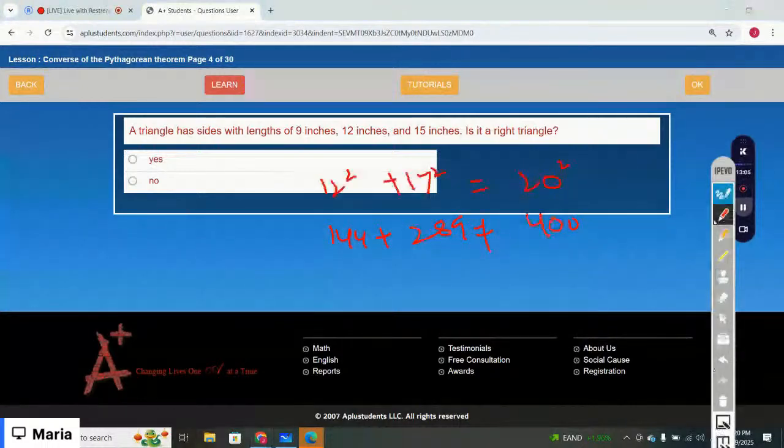A triangle has side lengths of 9 inches, 12 inches, and 15 inches. Is it a right triangle? So that is 9 square plus 12 square equals 15 square. 9 square is 81.